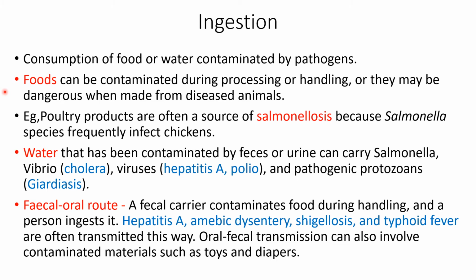Or they may become dangerous when made from diseased animals. For example, the chickens might be suffering from salmonella infection, and when such a chicken is used for making chicken biryani, and if that chicken biryani is not properly processed or cooked, then that itself becomes a source of salmonella, resulting in salmonellosis in human beings.